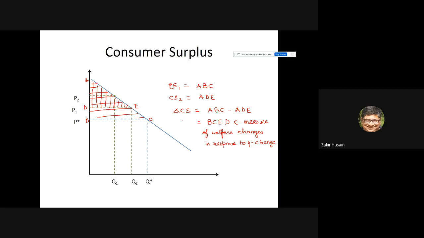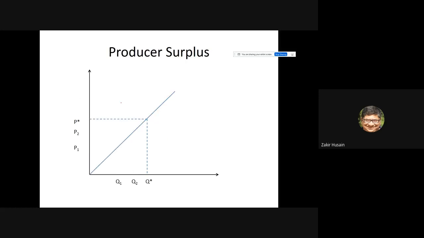So here again we assume that the price goes up even further, and we can see that the surplus has gone down even more. So this was the welfare initially. Now in case of producer surplus also, we can do the same sort of analysis.